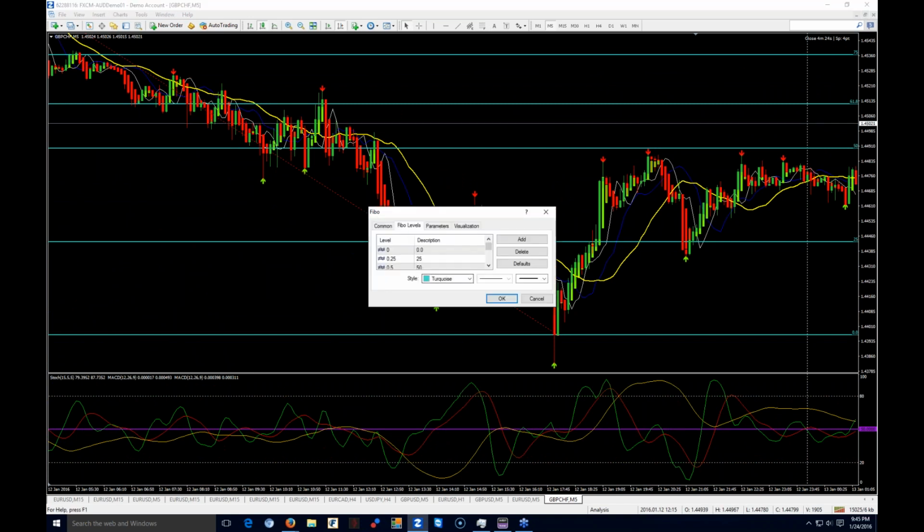Fibonacci, turquoise color. 0, 0.0, 0.25, 25.